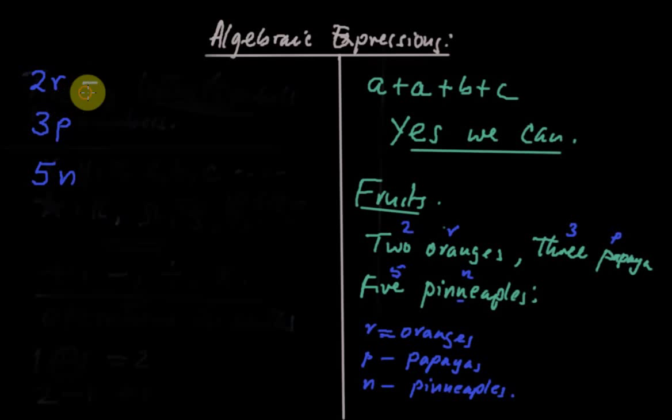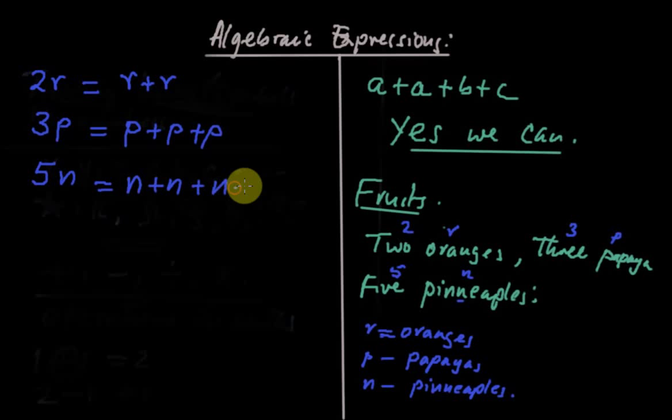This is the same as saying we have R plus R, and this is the same as P plus another P, but this is the same as N plus N plus N plus N plus N. So you see, R plus R gave us 2 oranges.